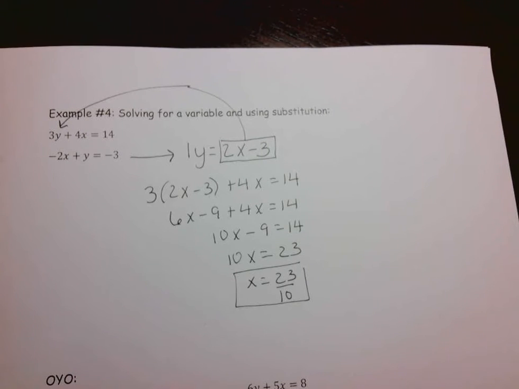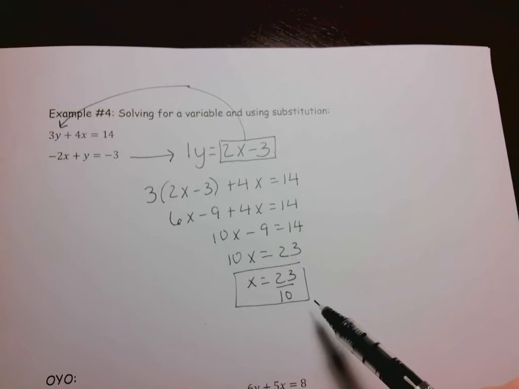So solving using substitution is much more accurate, much more efficient than solving by graphing, because what do you do if you don't have two integers as your coordinate point? If you have a coordinate point that's a fraction, that's very difficult to determine using graphing. So substitution is much more efficient.